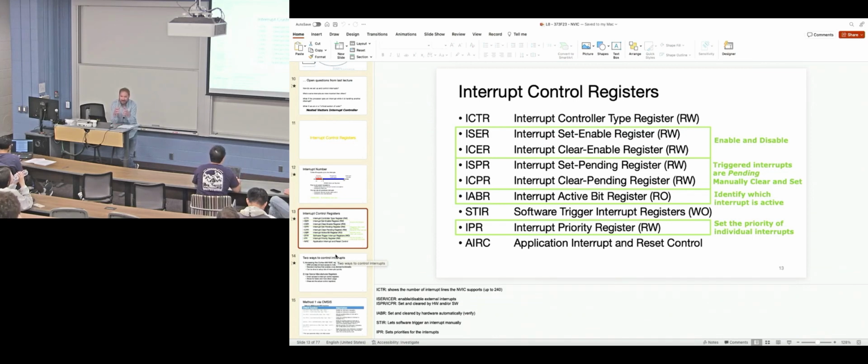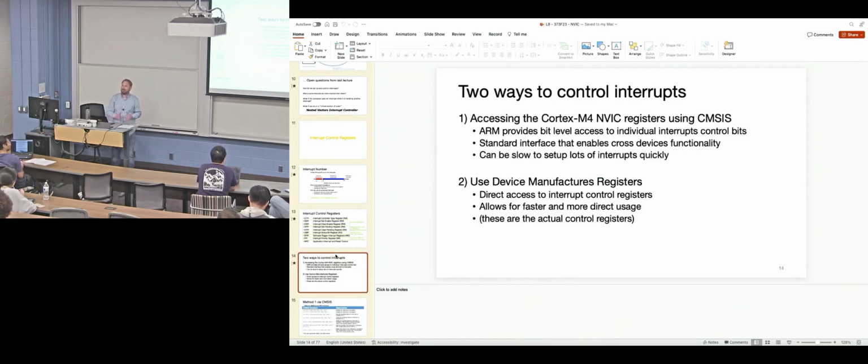So it's got the NVIC and the core processor and all the bus structures. That's part of it. Okay. Any other questions? All right. Actually, I can say it's definitely part of the core because you can't have a functioning processor without it. There are types of interrupts that must be processed for ARM, even if the manufacturer didn't implement anything. So yes, we'll call it part of the core.